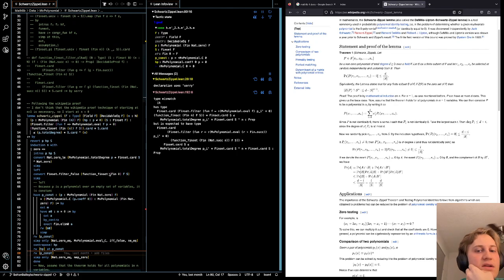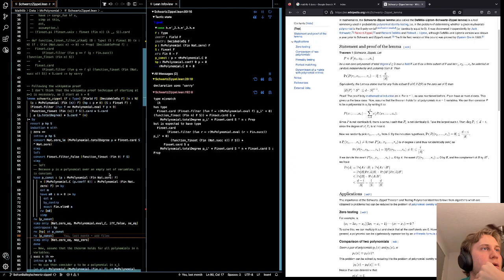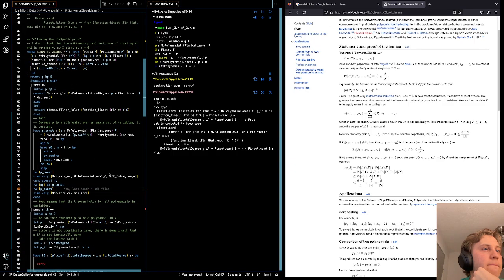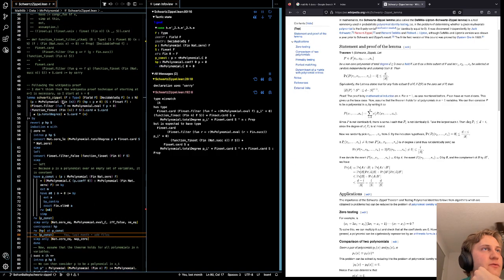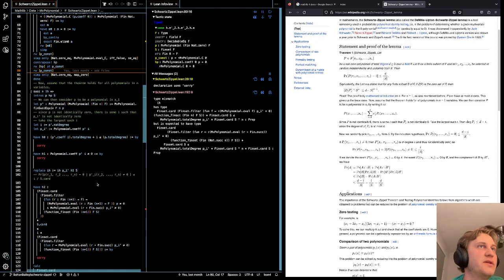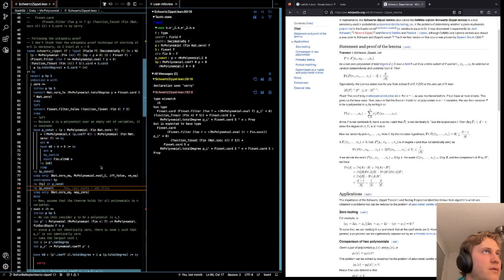So the way that we were having to deal with that, as I recall, is that we're doing this for polynomials over Fin n, and then for Fin of successor n, we have some function that goes between Fin n and then Option. We have Fin successor n and Option (Fin n), and then we reduce that.